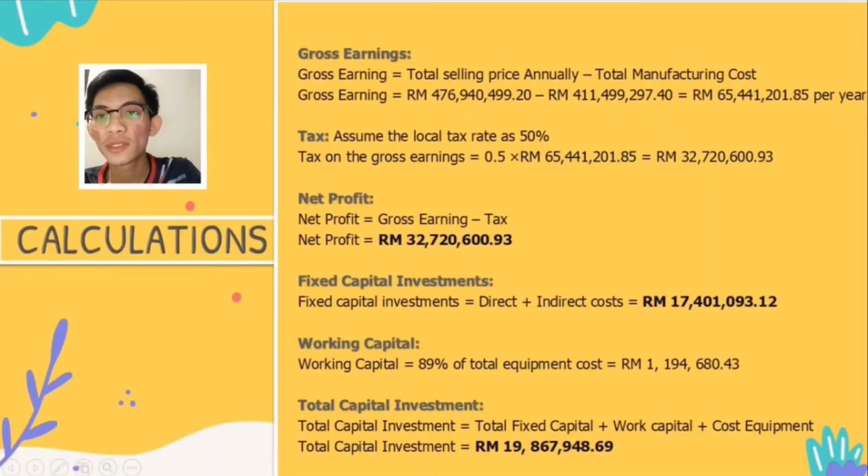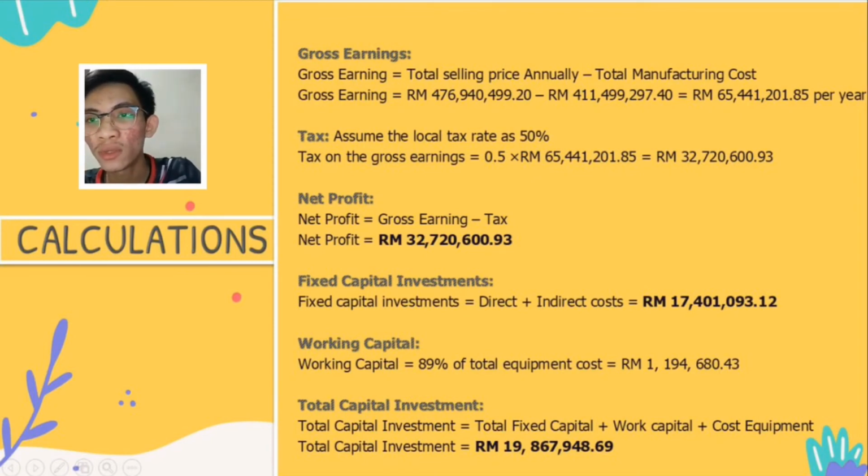Okay, now I will proceed to the calculation, where the result of the calculation will be used in the next formula. The first one, I will focus on the gross earning. The gross earning comes from the total selling price annually that I have calculated in the previous table, minus the total manufacturing cost without depreciation.